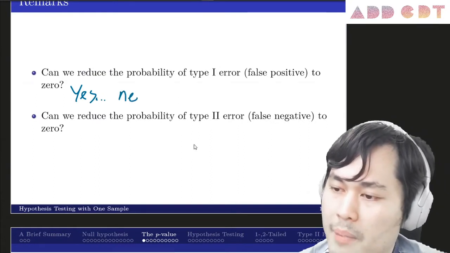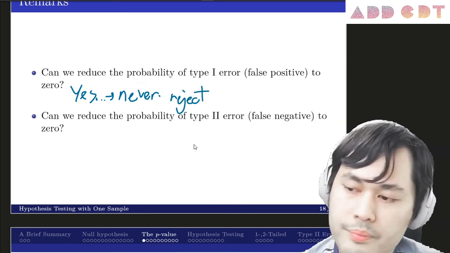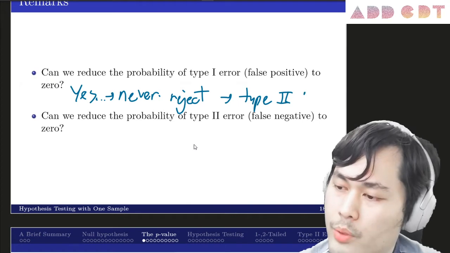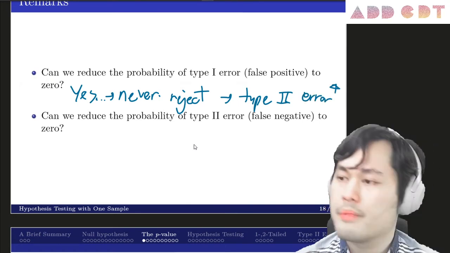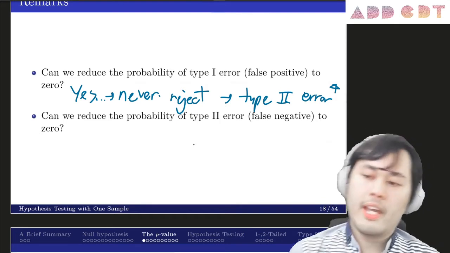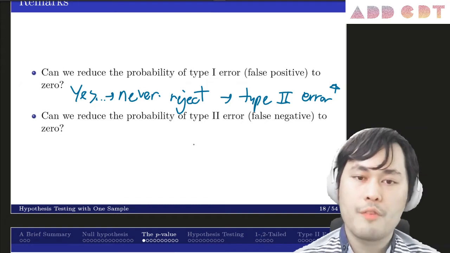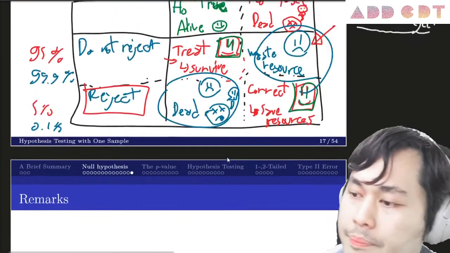So that means we never reject, but then we get type 2 errors instead, that we increase. On the other hand, can we reduce the probability of type 2 error, the false negative, on the top right column?